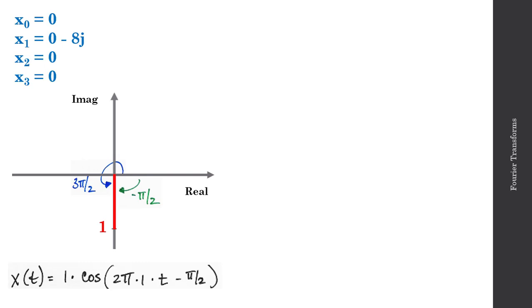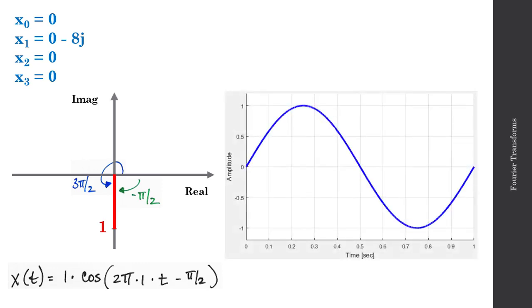Well, a cosine with a phase of minus pi over 2 is effectively a sine wave. So what I end up with is something that looks like this. We have a sine wave with a period of 1 second, given the frequency of 1 hertz, and an amplitude of plus or minus 1. So we go from our 0 line up to plus 1, and from the 0 line down to minus 1.